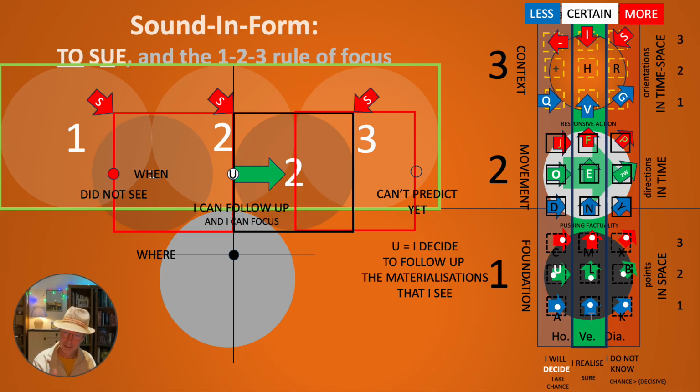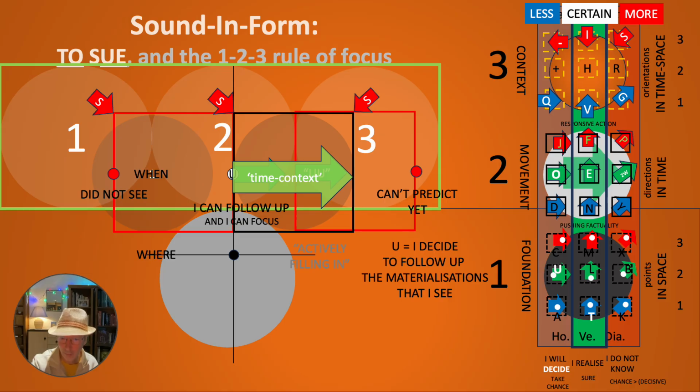That means also it's in the not factor, in the less factor, there is a part that I do not see, and there's a part that I can't predict, but I follow it up from the part that I can follow, where I can focus. That's basically the letter U.